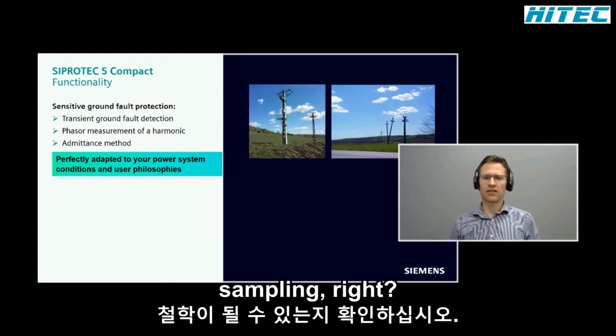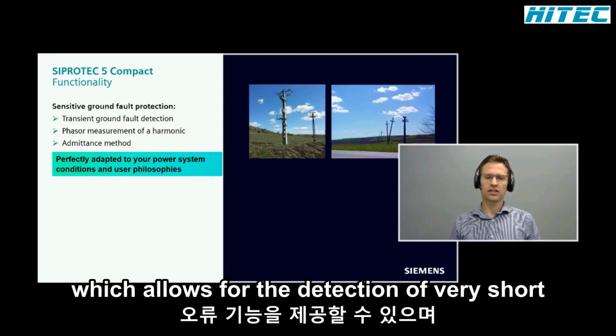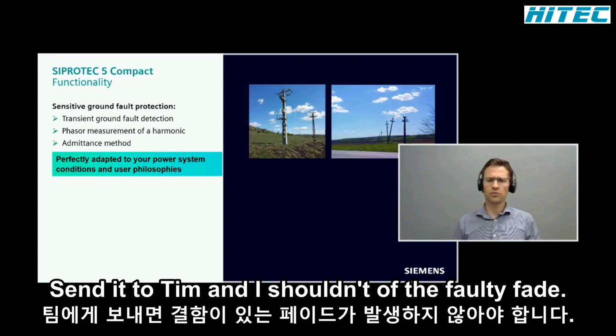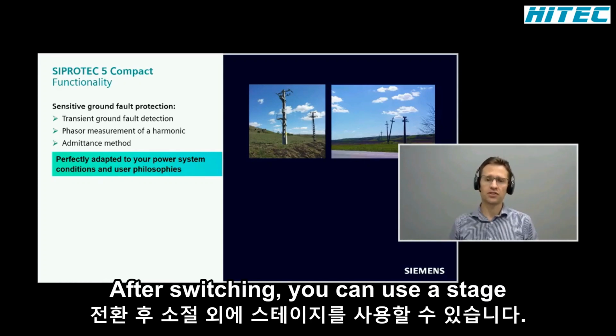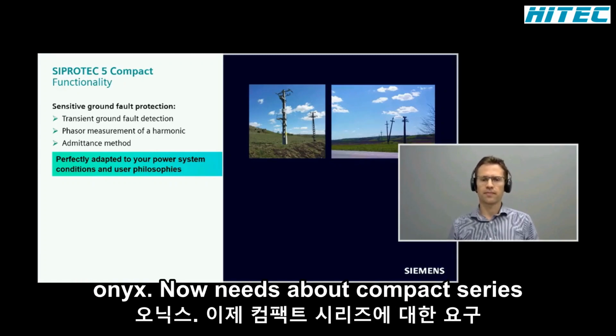With our high sampling rate of 8 kilohertz, it's now possible to offer a transient ground fault function, which allows for the detection of very short ground faults, and it's particularly ideal for meshed power systems. For the determination of a faulty feeder after switching, you can use a stage with phasor measurement using the third or fifth harmonics.